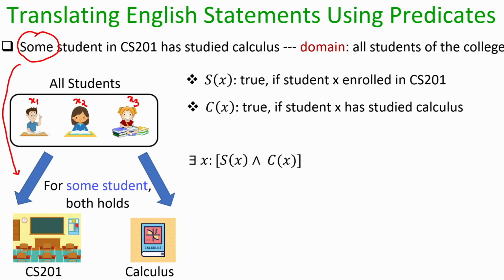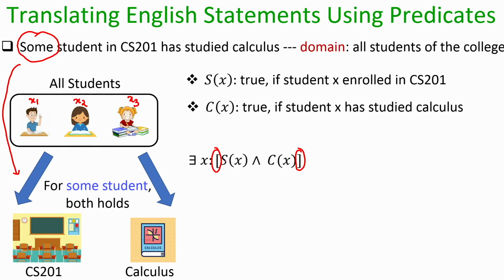So, this assertion will be represented by this existentially quantified statement, namely there exists some x in my domain such that the properties S of x and C of x are simultaneously true for the same x. And I have explicitly put the parenthesis here because this existential quantification is applicable both over the predicate S as well as C. If I do not put the parenthesis, you get ambiguity whether the occurrence of x in both S of x and C of x is within the scope of the exists or not.